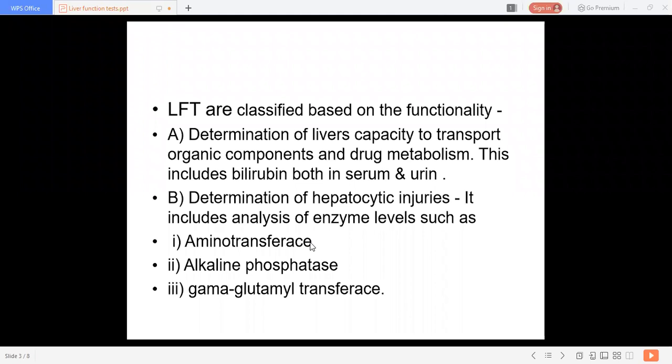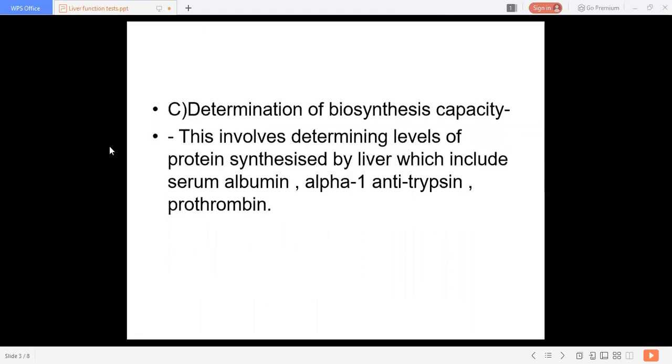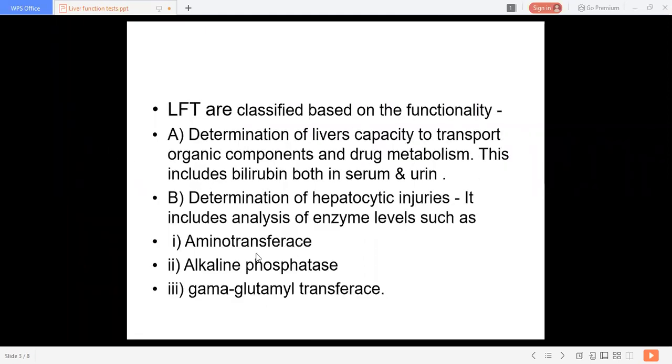In this aminotransferase group, there are two important enzymes, and it is important to evaluate any diseases of the liver from this group. AST, aspartate aminotransferase, has normal levels of 10 to 40 units per liter.